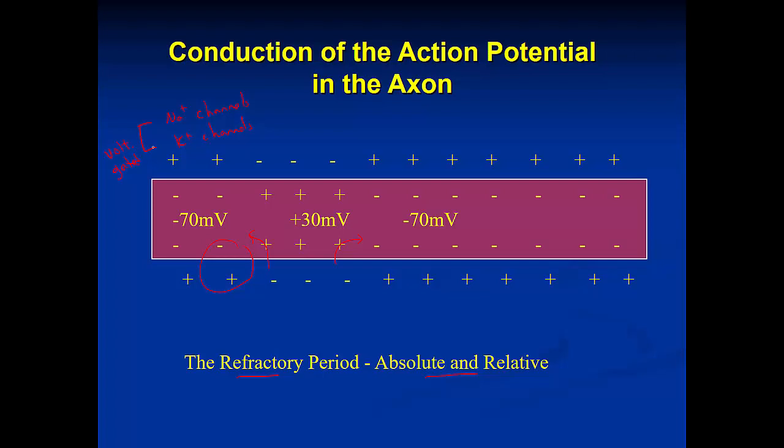The answer is simple. They don't have voltage gated sodium or potassium channels on the cell body. Wherever there are these voltage gated sodium and potassium channels, we can get an action potential. In a typical neuron, for right now, I just want you to think of them being on the axon.